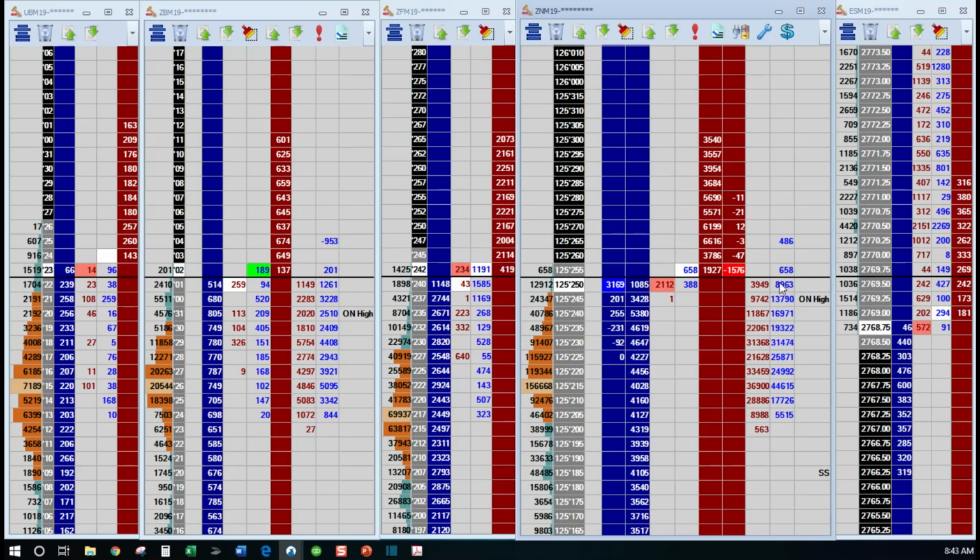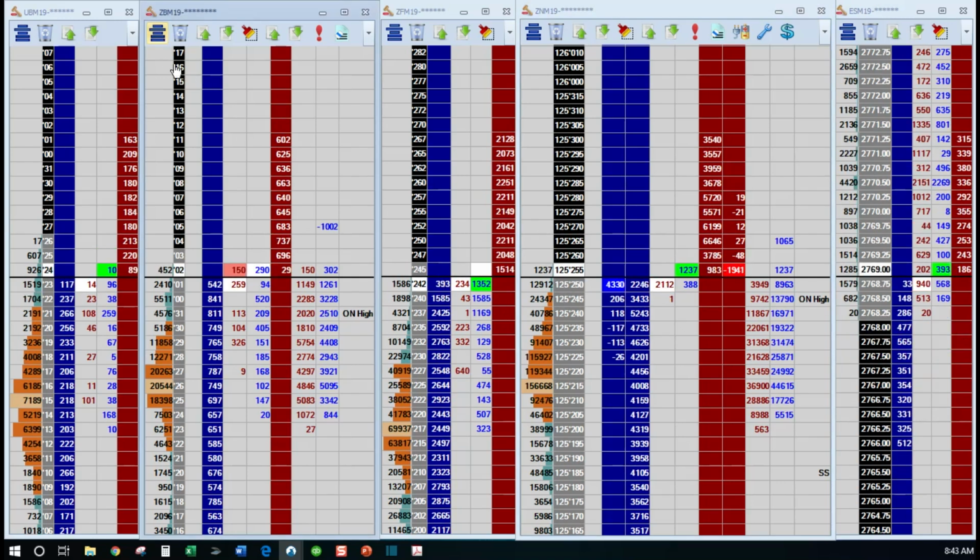So we're just sort of waiting. Keep an eye on this number here. Looks like bonds are extending higher. I'm not so sure I want to step in front of this at this point.